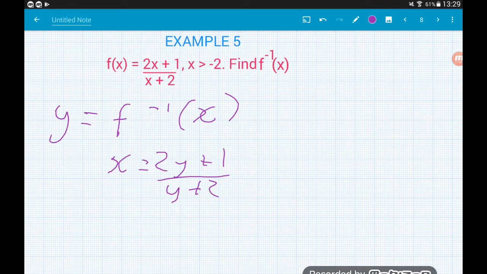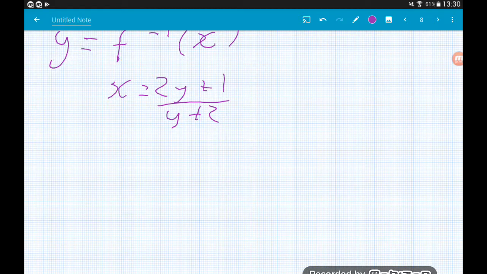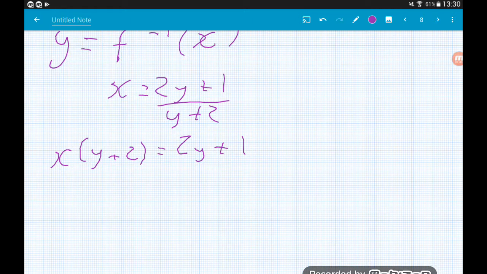And now again, it's our job here to make y the subject of this bad boy. So step 1, we want to multiply by the bottom of the fraction, and that will give us x lots of y plus 2 equals 2y plus 1. Expand the brackets on the left. xy plus 2x equals 2y plus 1. Now we need to get the y terms together on the same side.